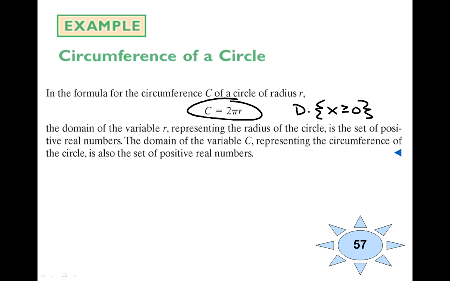The domain of C, representing the circumference of the circle, is also the set of positive real numbers, because you can't have a negative circumference. So using that information, see how you do on 57.